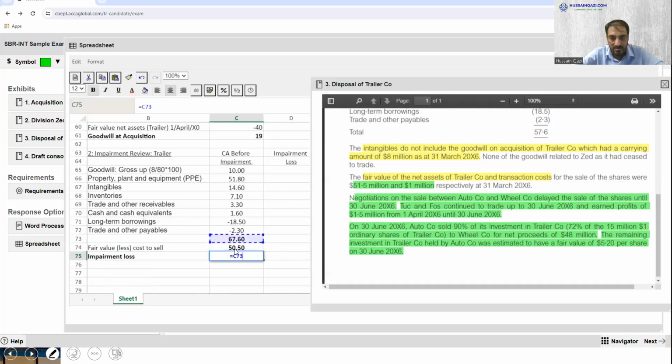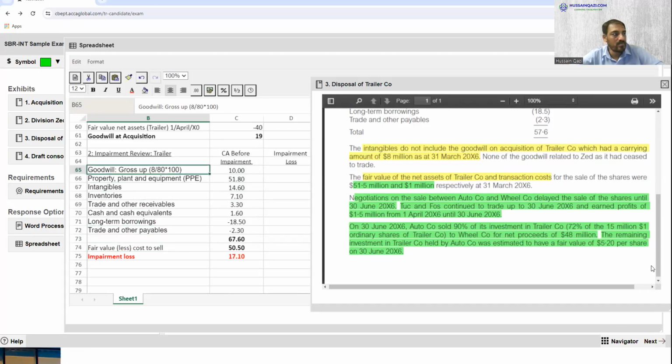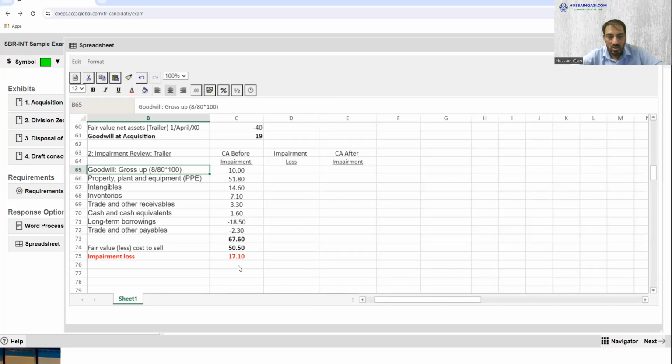This is the identified impairment loss, 17.1. So first of all, allocate the impairment. Do remember the 17.1 impairment loss. First of all, allocate it to the goodwill. The goodwill is 10, so minus 10. Out of 17.1, we have allocated 10 to the goodwill.